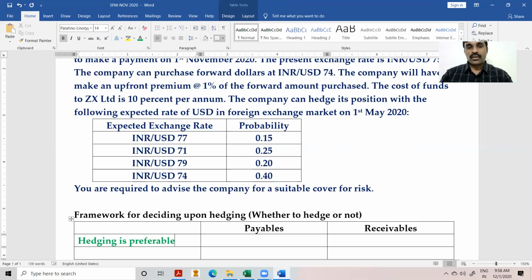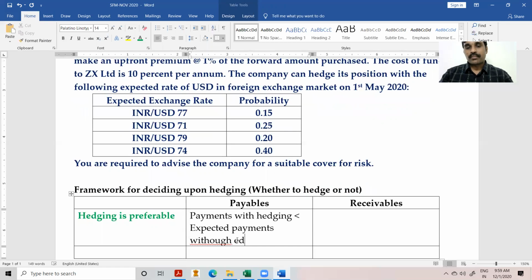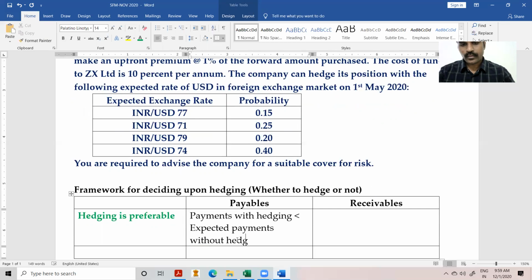Hedging is preferable when the payments with hedging are less than the expected payments without hedging.